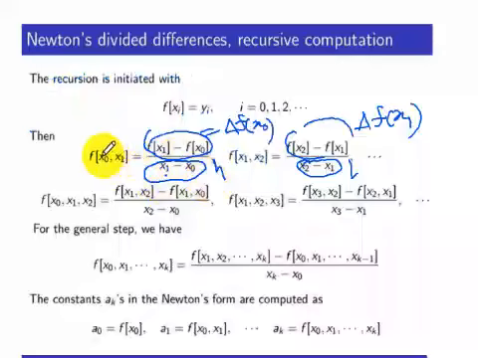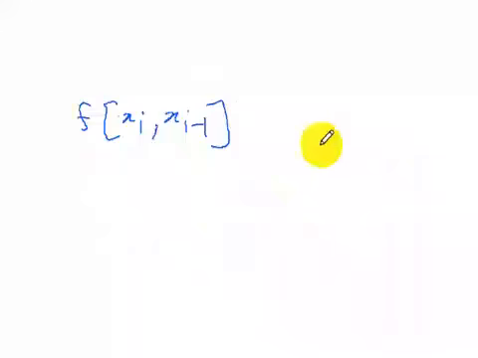This is x0, and the next one is x1. Then we get x sub i minus 1 comma x_i.